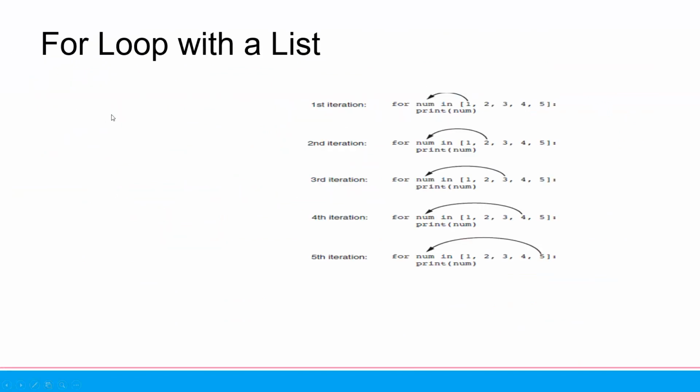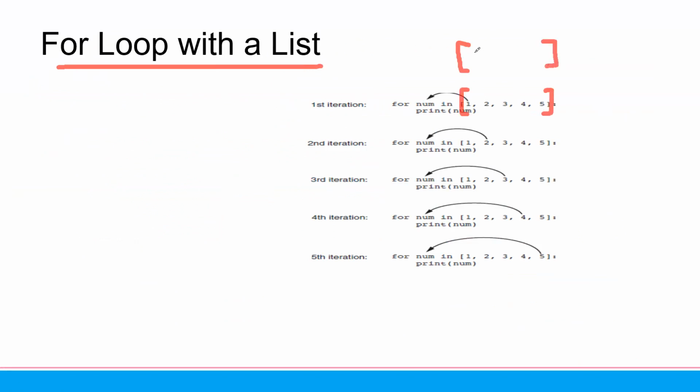Now let's see. We have a for loop with a list. Maybe we will learn more about lists later, but for now, let's think that a list is a collection of data, and we need to use the square bracket. So this is the square bracket.